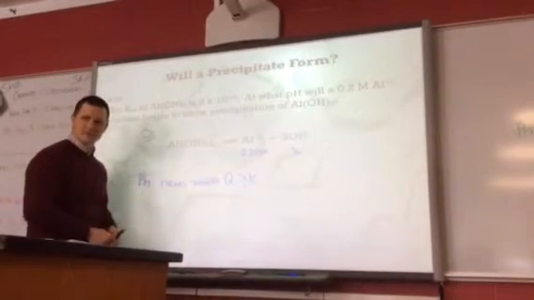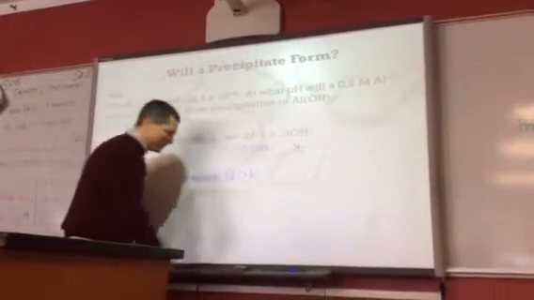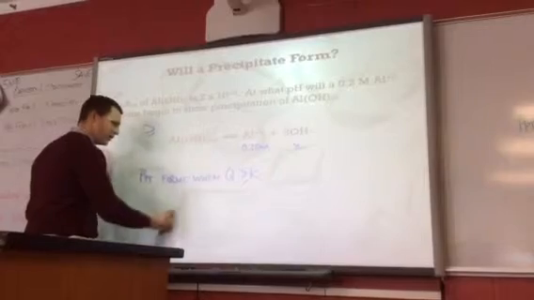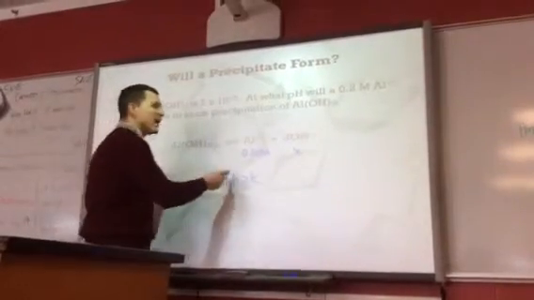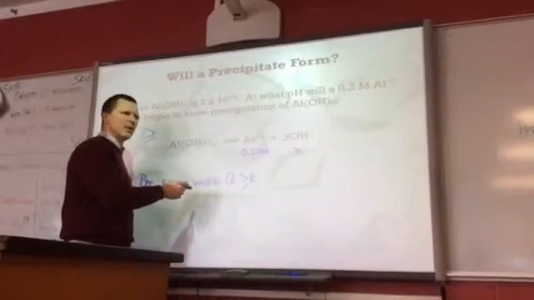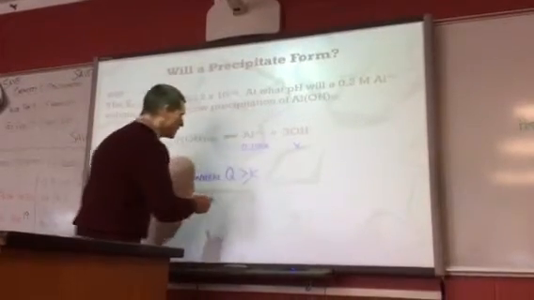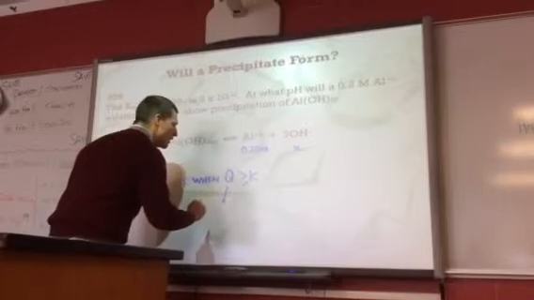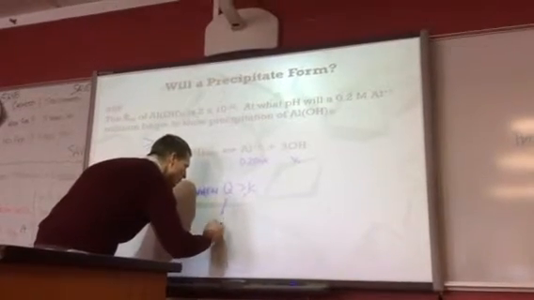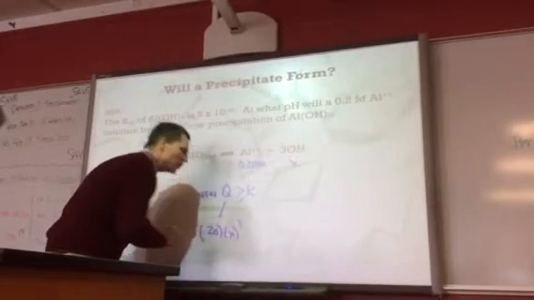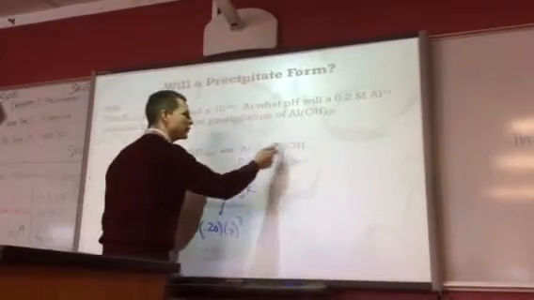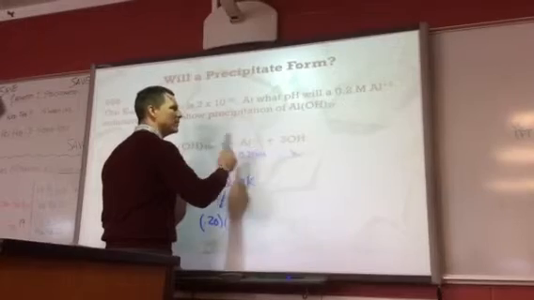Okay, so can we find Q? Absolutely. In terms of X we can. Q is going to be 0.2 times X, not 3X, it's just X cubed. I know that they react in a 3-to-1 ratio, but that doesn't mean that.